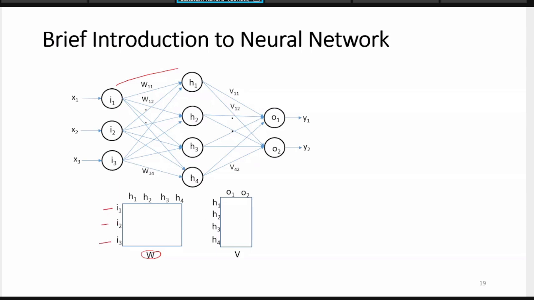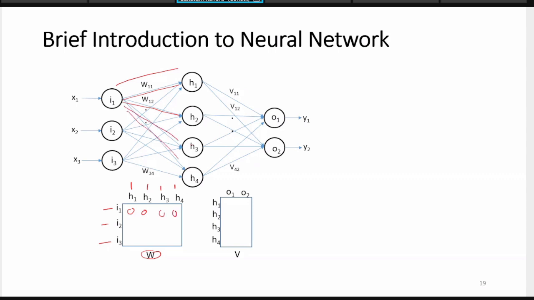If I have four nodes in the hidden layer, I have four columns, H1, H2, H3, H4. So the connection from I1 to H1 is this cell, the connection from I1 to H2 is this cell, and so on.